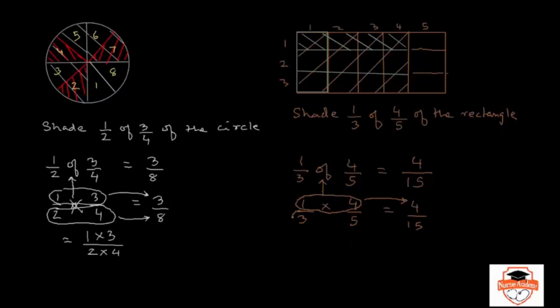When you multiply the denominators together, 3 times 5, you get 15, which is the denominator of the product. So we can safely conclude that when we multiply 2 or more fractions, the answer is a fraction whose numerator is the product of the numerators of the fractions you're multiplying, and the denominator of the product is the product of the denominators of the fractions you are multiplying.